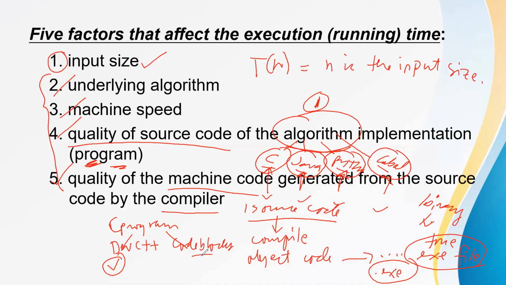This is another C compiler. This has running time 1, running time 2, and maybe if you use the Turbo C version 7 compiler, this would generate another code with a unique running time, say R3. So different compilers generate different codes, and since these are different codes, they have different execution times as well.